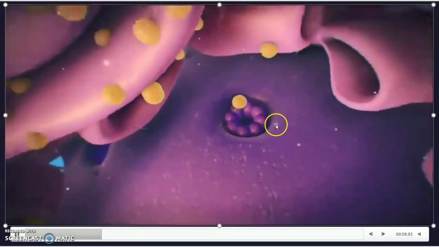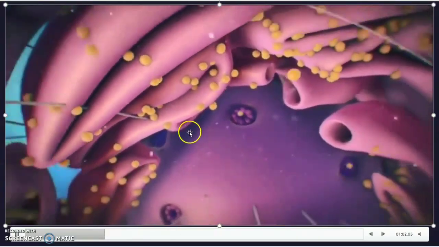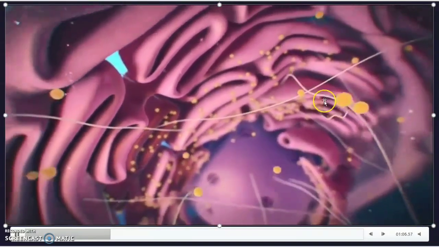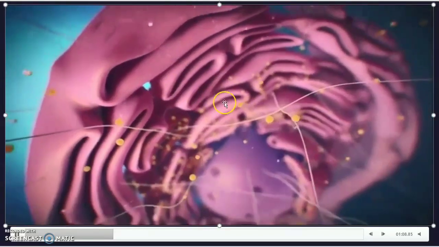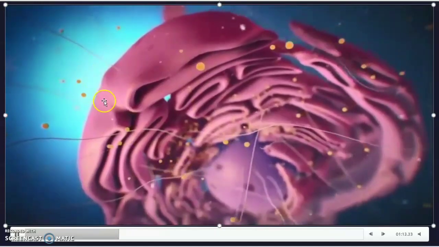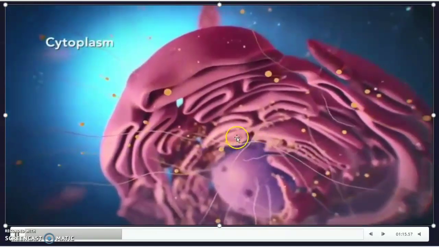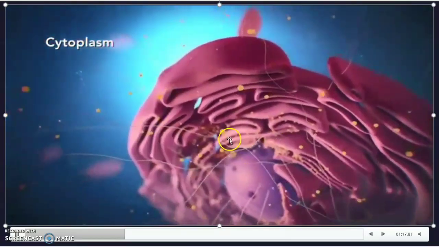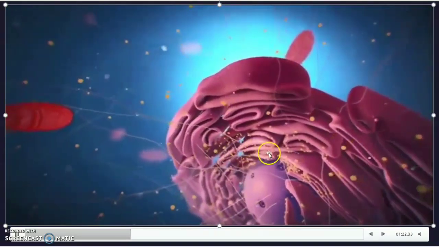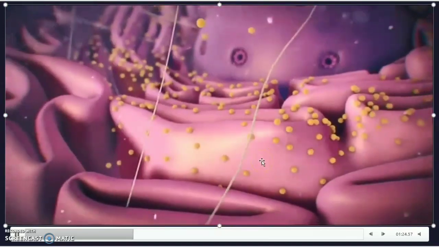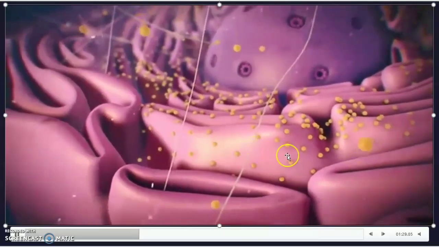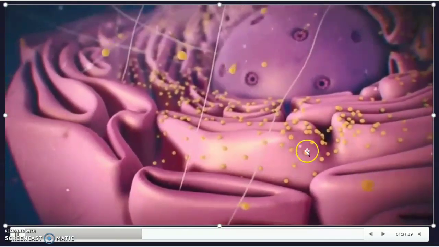These ribosomes come out of the nucleus and get attached to the endoplasmic reticulum, and some ribosomes float freely in this jelly-like fluid called cytoplasm. The endoplasmic reticulum where ribosomes are attached is called RER, rough endoplasmic reticulum.